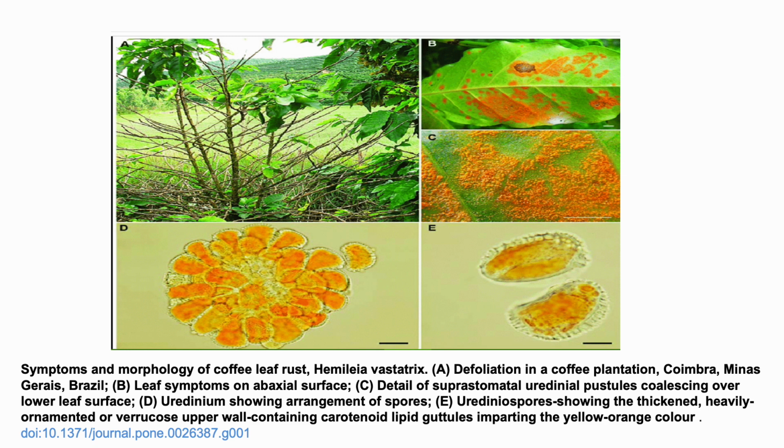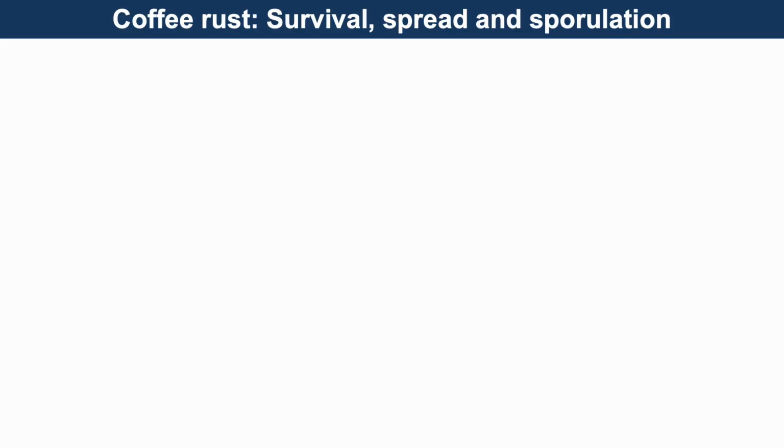In D, a photograph of the uredinium showing the arrangement of the spores. And lastly, in E, urediniospores showing the thickened, heavily ornamented or verrucous upper wall containing carotenoid lipid globules imparting the yellow-orange color.